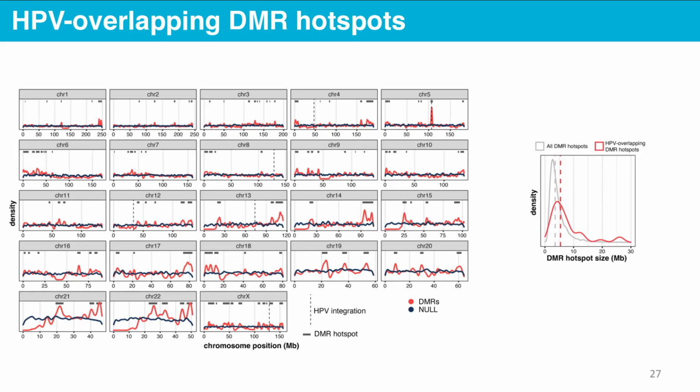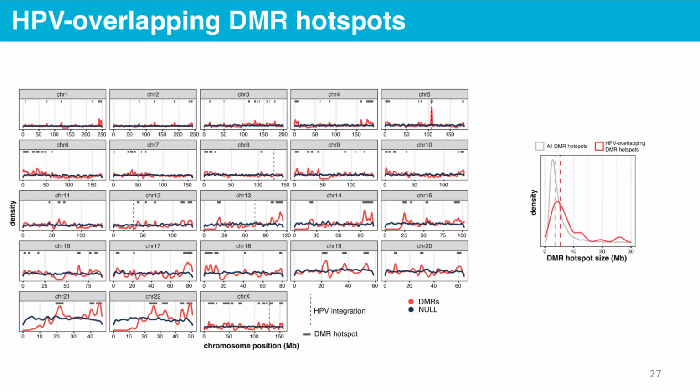The average hotspot size of HPV overlapping DMRs was about 5 megabases. That's actually quite a large area that has changes in methylation because of HPV integration.